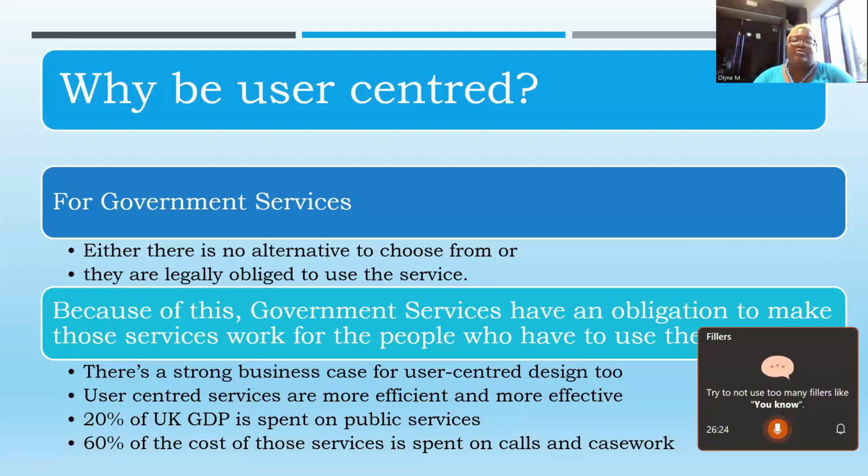Someone will not need to call to ask that. They can just log in and check the status of my test. The results are not in yet. Then they don't need to call. So you're actually saving a lot of money because 60% of the money spent on public services is going to all these call centers.